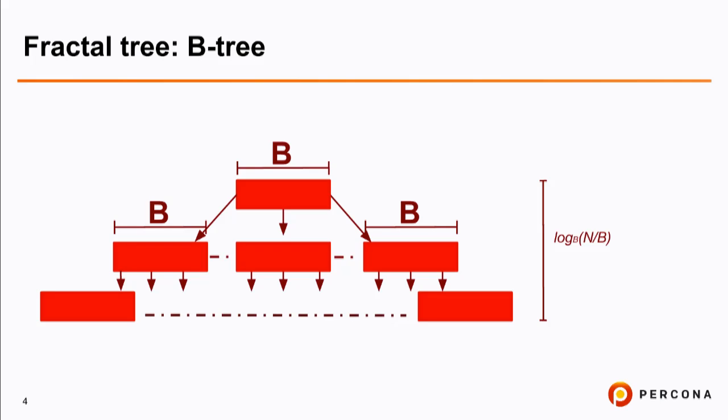What's the best data structure for writes? If we want to improve writes, it's just a log. We could just log write operations, but read operations would be quite slow because the complexity of a read operation in a log is linear.